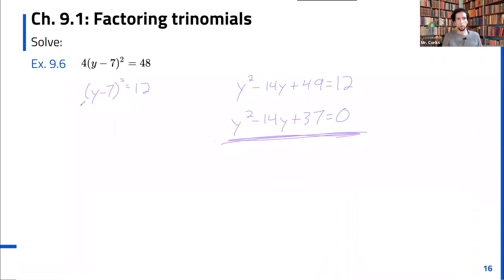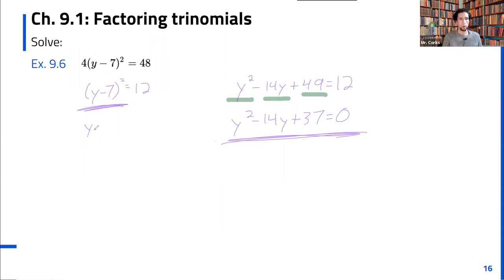It's a little more annoying. If we already have it like this and we can just get rid of that square very easily, that's the much easier way of doing things. Having this trinomial, with the variable squared, something times the variable, and a constant, all three of those is definitely a harder situation to deal with. So if you don't need to expand it, then don't.